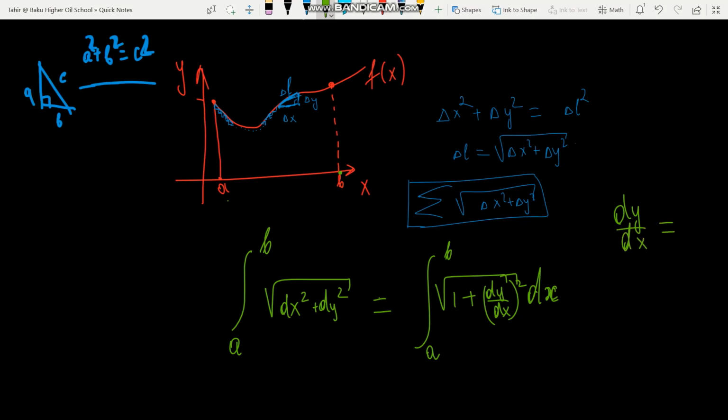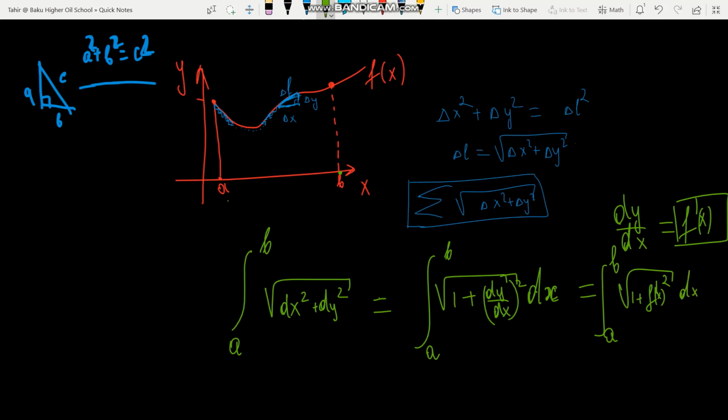It is the differentiation of the function with respect to x, and therefore we can write the final formula using the dash notation of the derivative: the integral of the square root of 1 plus (f dash of x) squared, dx.